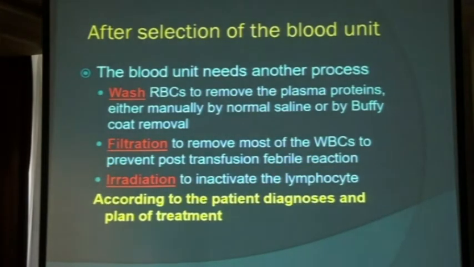After selection of the unit of blood, the blood unit needs another process: washing. We wash either manually or by buffy coat removal, or automated blood filtration to remove most of the white blood cells to prevent post-transfusion febrile reaction, and irradiation if needed to inactivate the lymphocytes, according to the patient's diagnosis and plan of treatment.